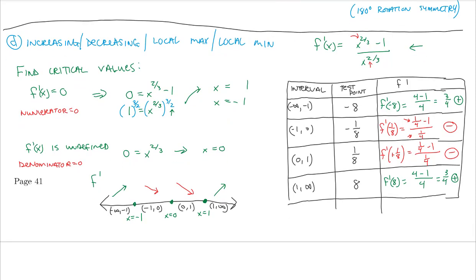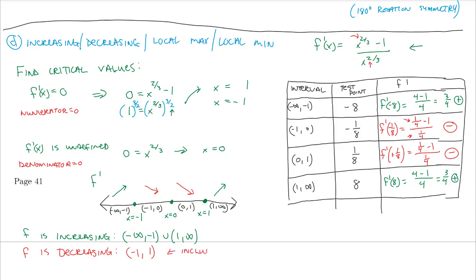Using this information, we can write down that f is increasing on the interval -infinity to -1 in union with 1 to infinity. F is decreasing on -1 to +1.